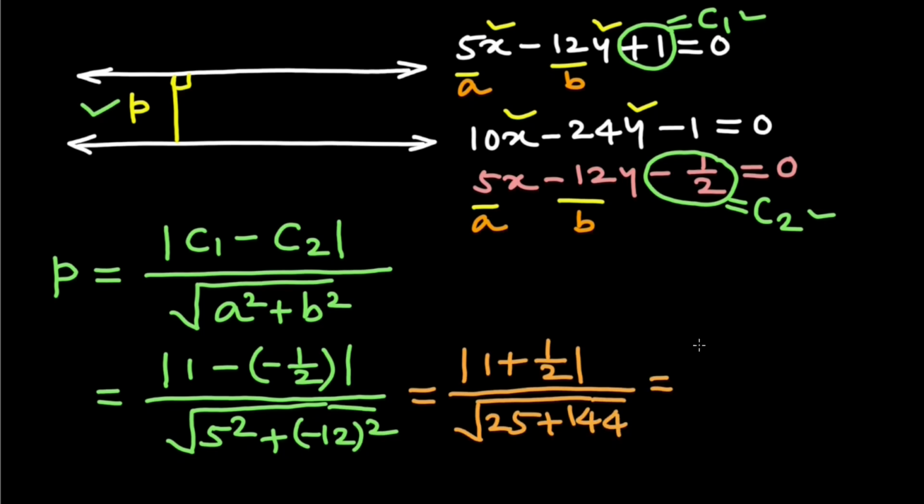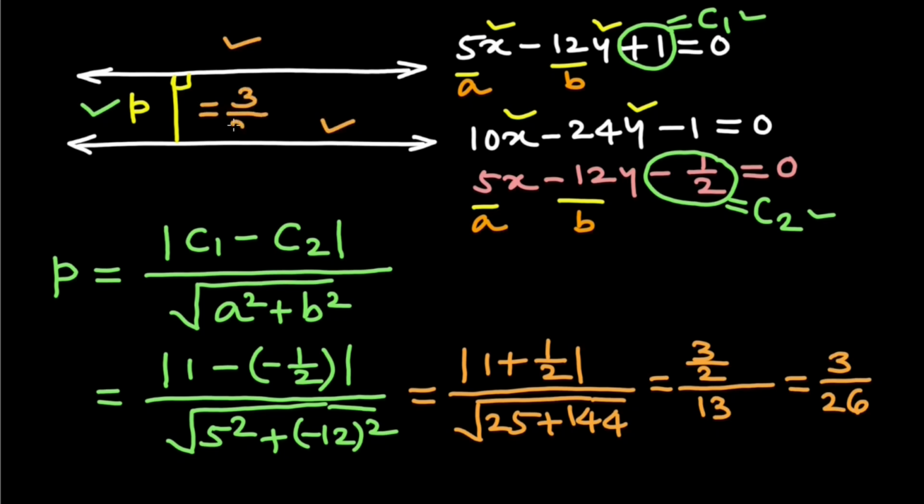It will be 3 by 2 divided by 25 plus 144 is 169, and square root of 169 is 13. So P will be 3 by 13 twos are 26. So the distance between these two parallel lines will be 3 by 26 units.